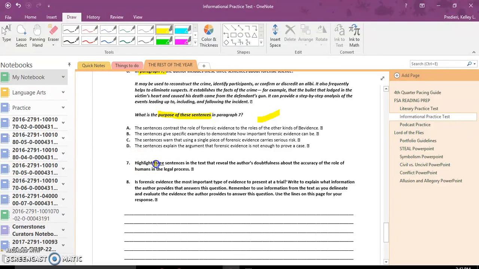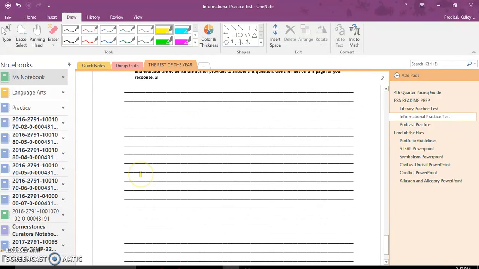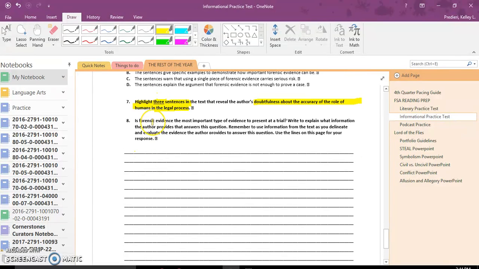Highlight 3 sentences in the text that reveal the author's doubtfulness about the accuracy of the role of humans in the legal process. Okay, so we're going to be on the lookout when we read for the doubtfulness about the accuracy of the role of humans in the legal process. Okay, then last question, number 8, the response question.